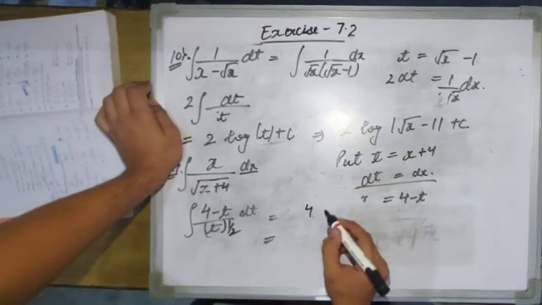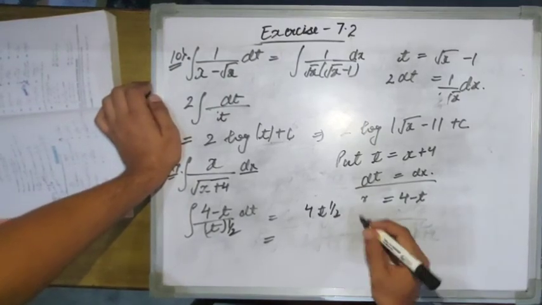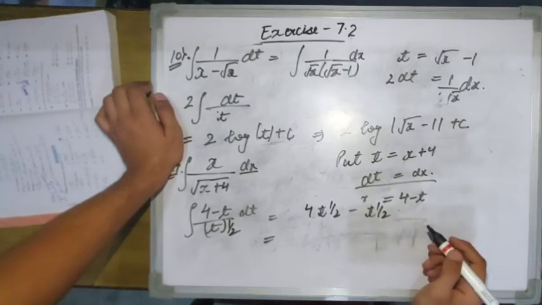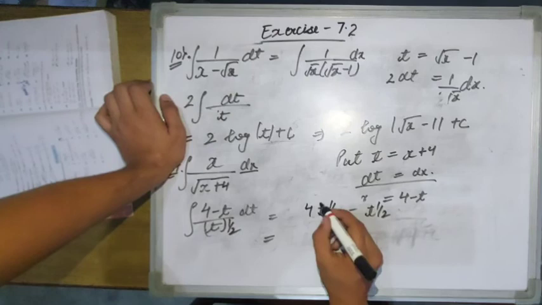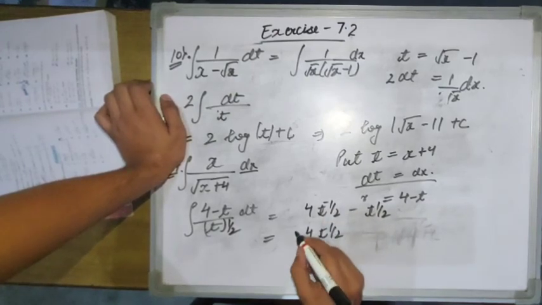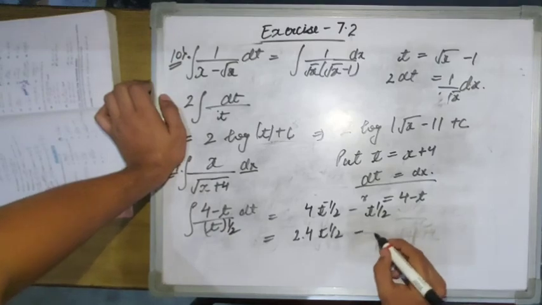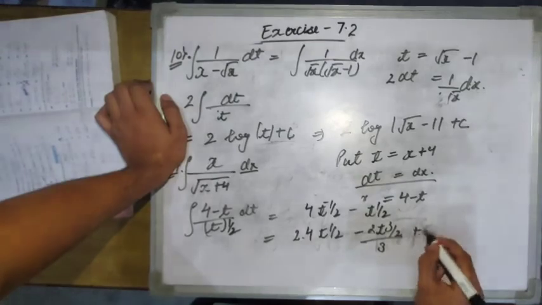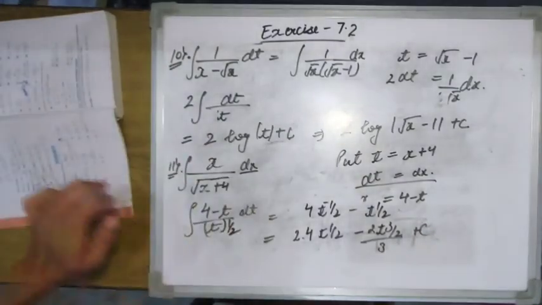We have 4 t raised to power 1 by 2 minus t raised to power 1 by 2. Okay. Now we have 4 t raised to power 1 by 2 into 2 minus t raised to power 3 by 2 upon 3. See, this is the value of the 11th question.